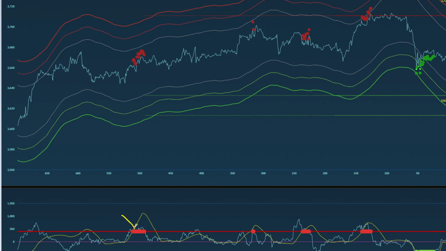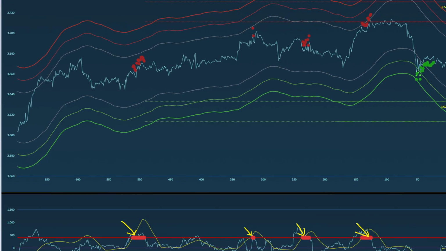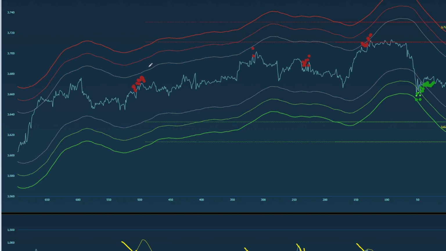So here, here, here, and here. Okay, but what's important here is that we didn't have a trade location, because the trade location for this setup here is over here, for this one is over here, for this one is like over here, right?